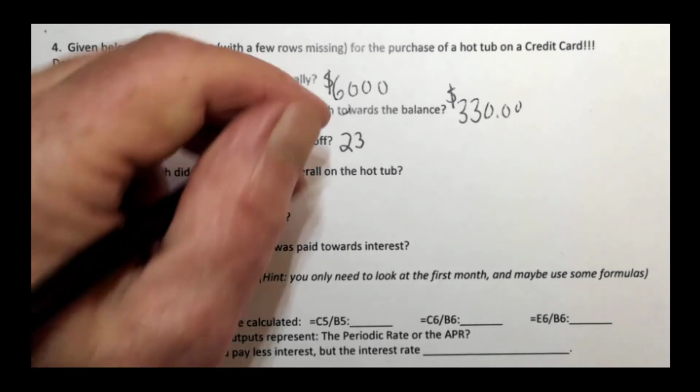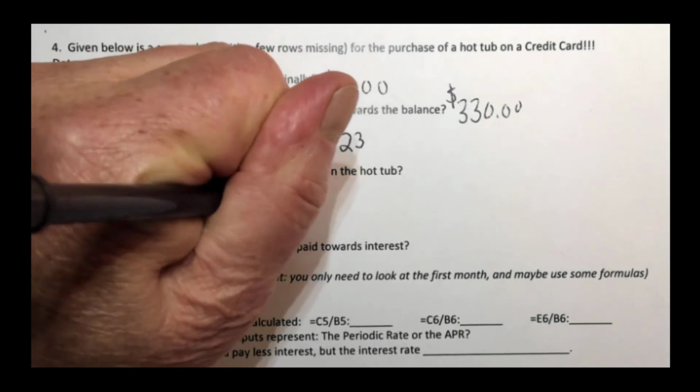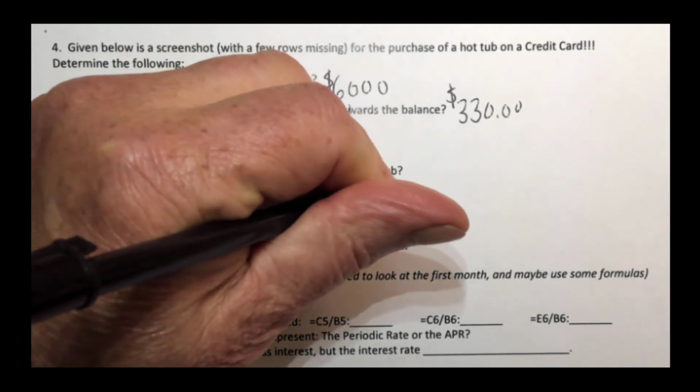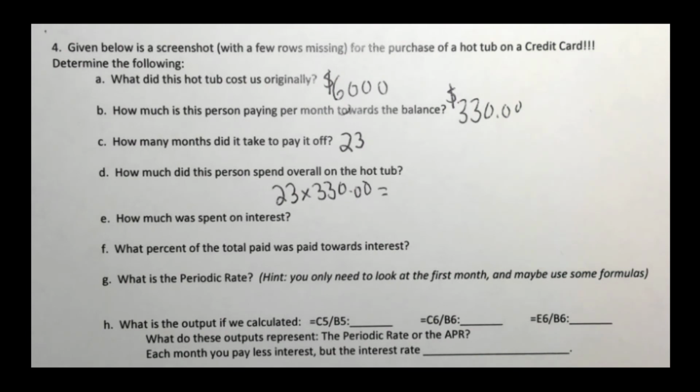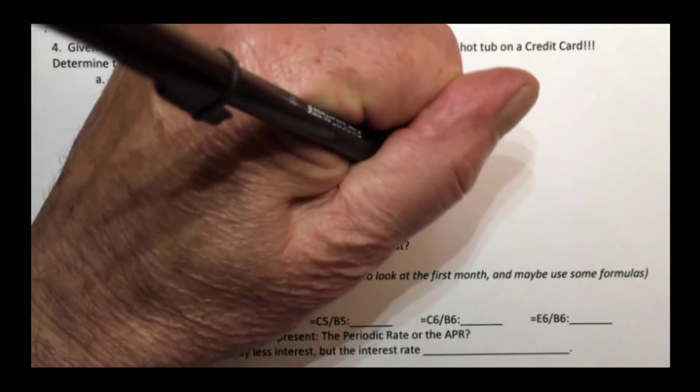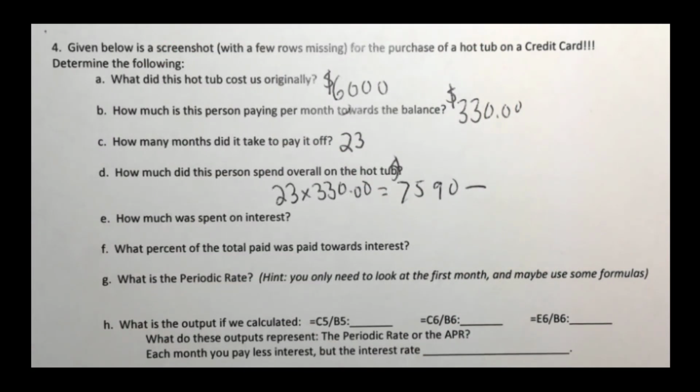Well, if you guess this, 23 times $330, you would be correct, except we're going to have to subtract something. We get $7,590, but we have to subtract because the 23rd payment was an overpayment of a certain amount of money.